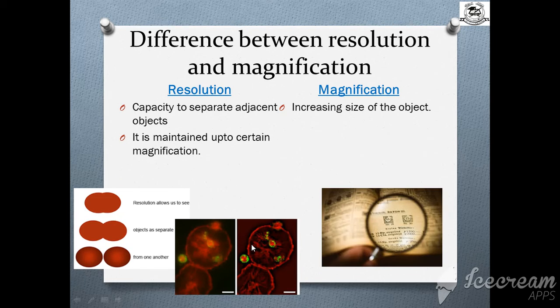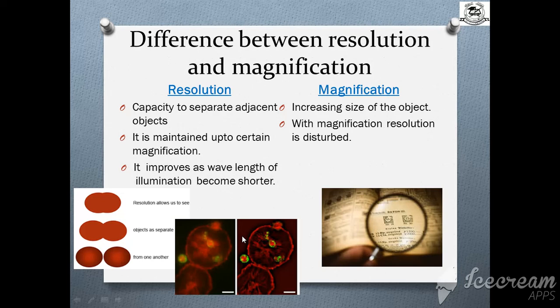Second point, resolution is maintained up to a certain magnification, and with magnification, resolution is disturbed. When we magnify the object, the size of the object will be increased, so it will not be so clear. All right, how can we improve resolution? It improves as the wavelength of illumination becomes shorter.